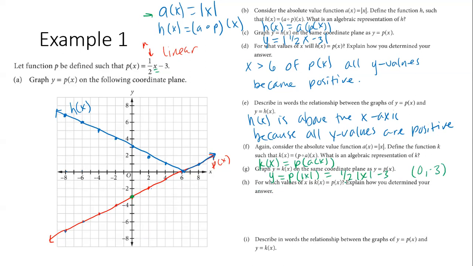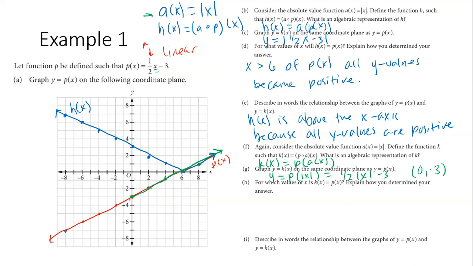And then my slope is 1/2 because A equals 1/2. So from 0, -3, I go up 1 over 2, up 1 over 2, up 1 over 2, up 1 over 2. That's the right side. To get the other side of the absolute value, I'm going to do the opposite, right?